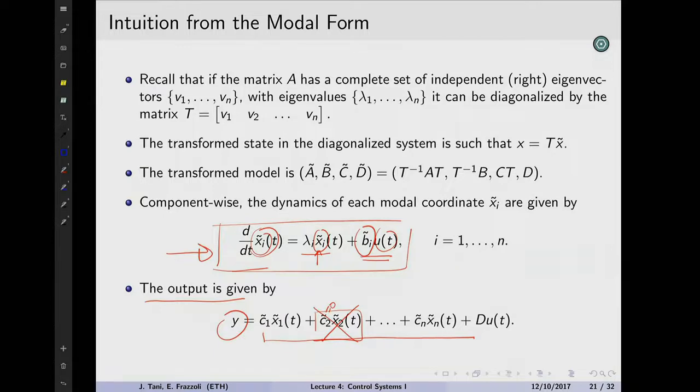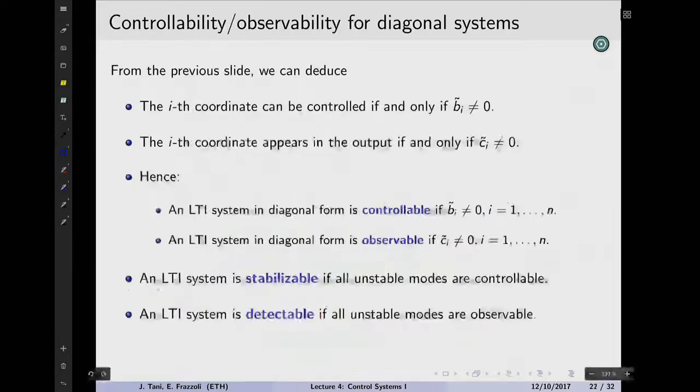So there's no way in the world we would be able to reconstruct that component of the initial condition by just looking at the output, because it wouldn't show up in its expression. So fundamentally, we can say that a system is controllable if, once you put it in modal form, every single b_i tilde is different from 0.